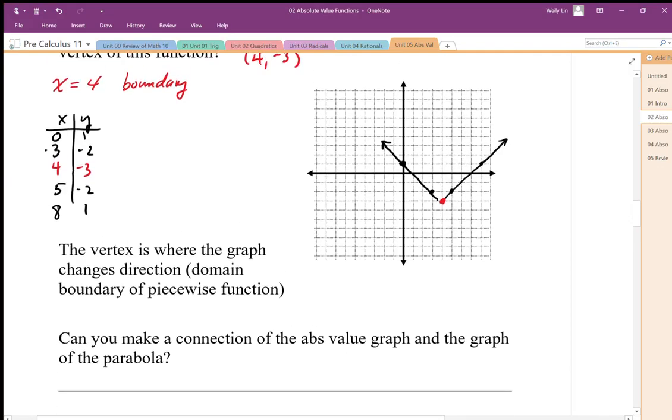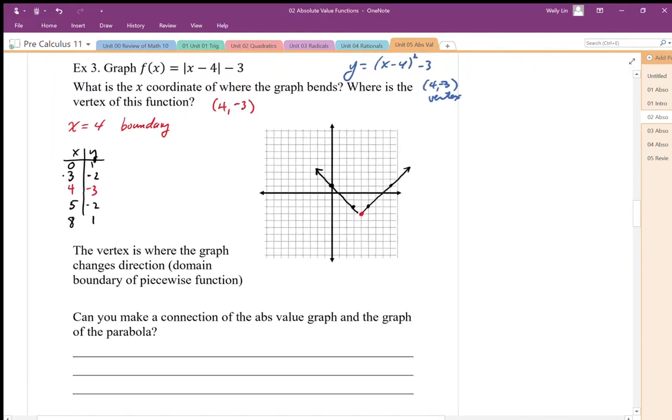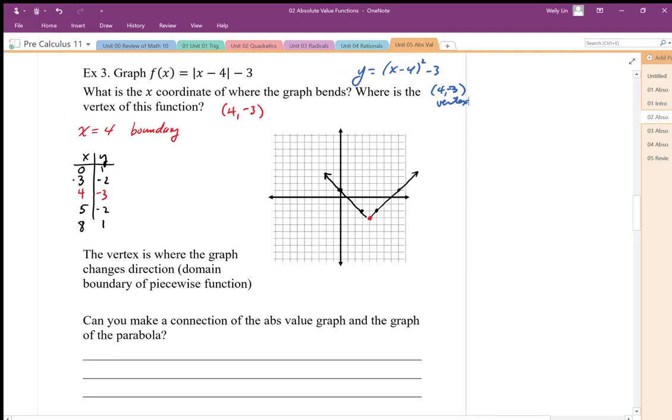Can we make connections between the absolute value graph and the graph of the parabola? Yeah, I think we can. This is what we did here. This expression and this expression are very similar.